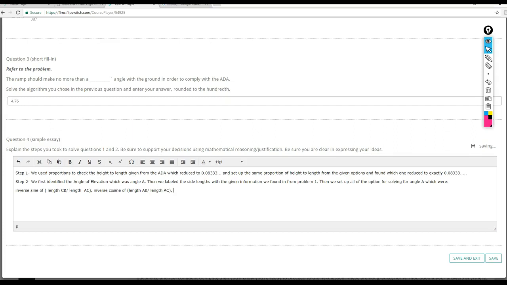And the last one we set up was our inverse tangent. Tangent is opposite over adjacent, and the opposite side is CB, divided by the length of our adjacent side, which is AB.